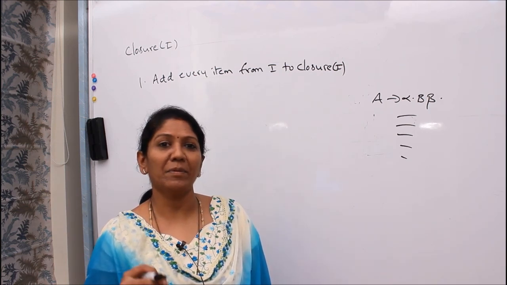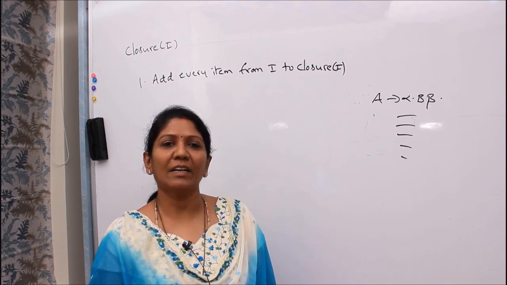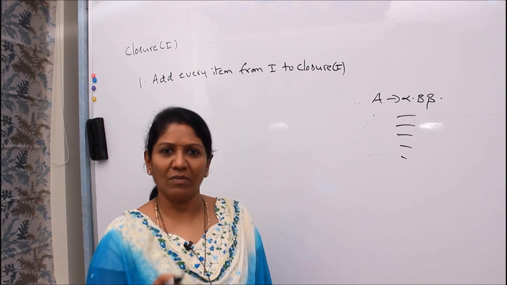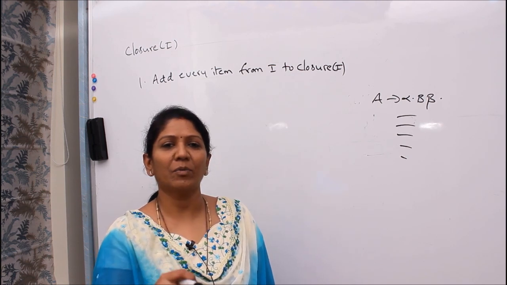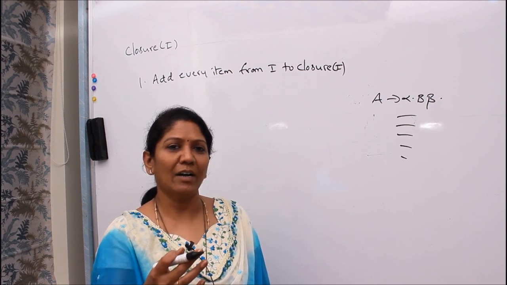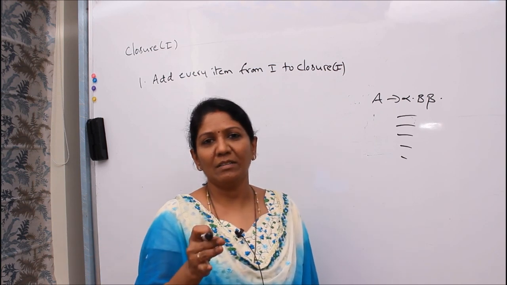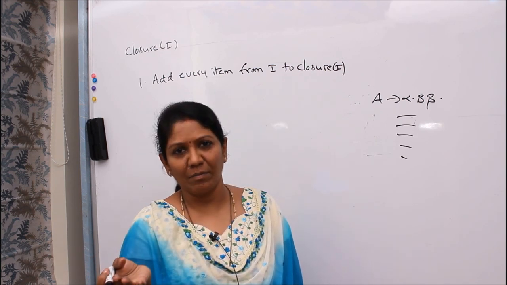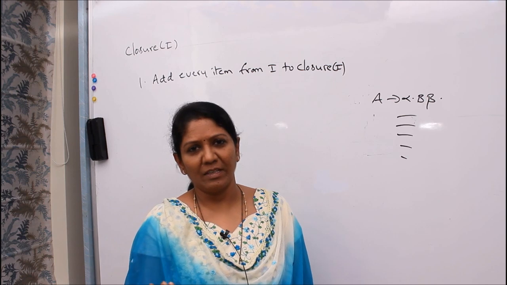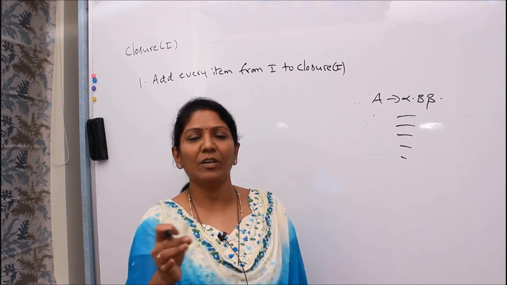If it happens to be a non-terminal, then take the production that is defined for that non-terminal from the given grammar and add that production with a dot at the beginning, because at any point of time we have to add only items, not productions. So whenever the symbol that follows the dot is a non-terminal, take the production defined for the non-terminal and add it to closure(I) by putting the dot at the beginning.